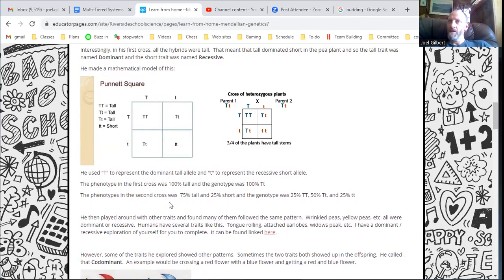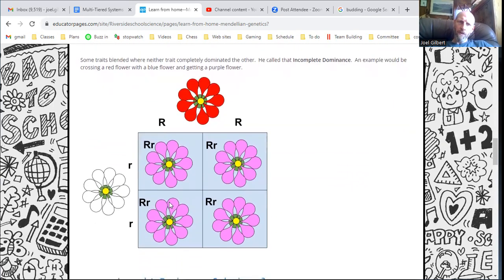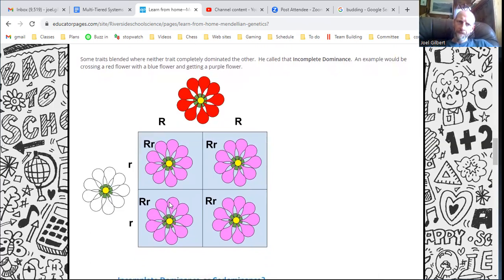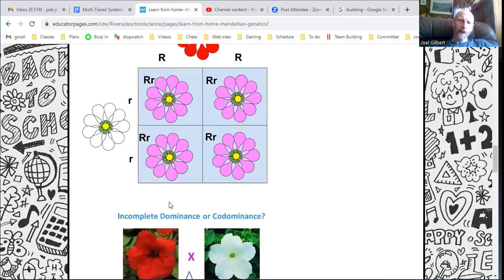You cross a red flower with a blue flower, and rather than getting a purple or a red or a blue, you get a red and blue flower, maybe speckled, maybe different petals. And so he called those codominant. With codominant and incomplete dominant, we tend to use different letters since neither one dominates over the others. So none of them are going to be little lowercase letters. So this would be an example of incomplete dominance where they blend. This would be an example of codominance where they both show up.